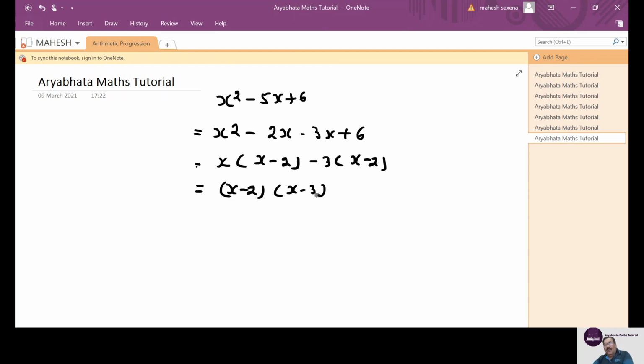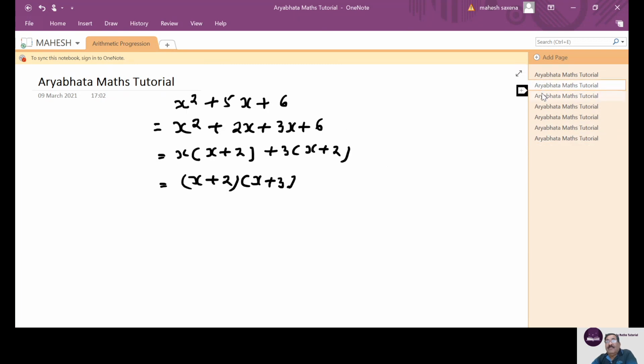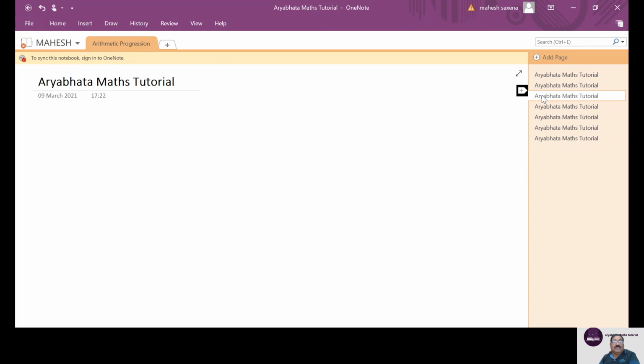Now, you will learn how you can factorize this within no time. Actually, a quadratic polynomial can be of two types.